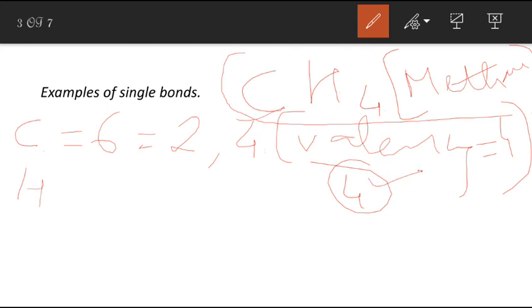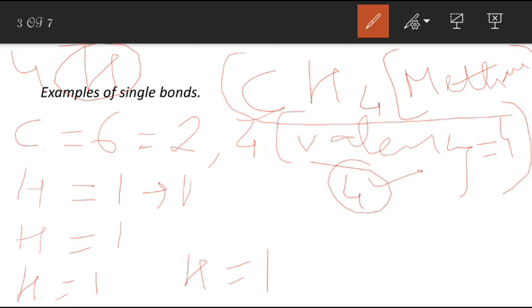So in order to become stable, it will react with how many hydrogen atoms? 4 atoms of hydrogen. Hydrogen, its atomic number is 1. It is having only 1 electron in its K shell. All 4 hydrogen atoms have only 1 electron in their valence shell.